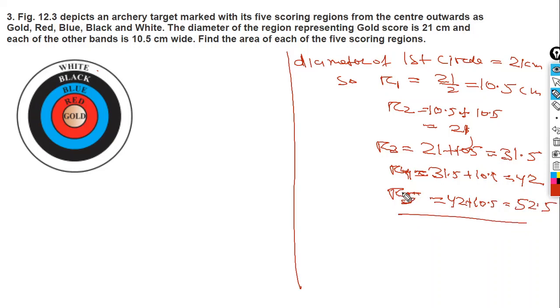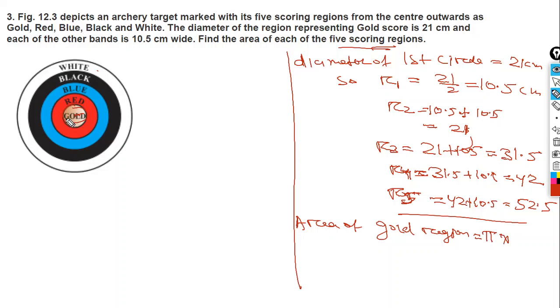So what we have to find is the area of the 5 scoring regions. First we will find the area of the gold region. Area of the gold region is equal to pi into the first circle's r1 square.